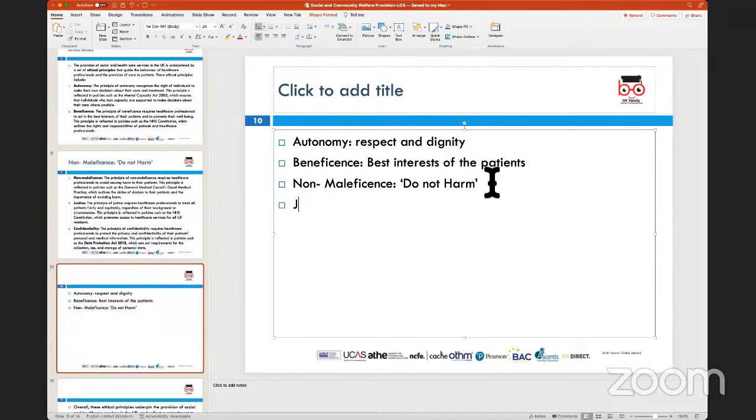And when we talk about justice, what we are looking at is the fair and equitable distribution of resources and treatment. So sometimes you plan something, but if it is not going to be met, then you decide what is fair and what is just, and then look at doing that treatment so that it is not putting the patients in harm's way.